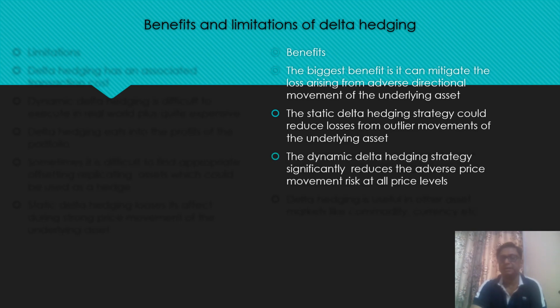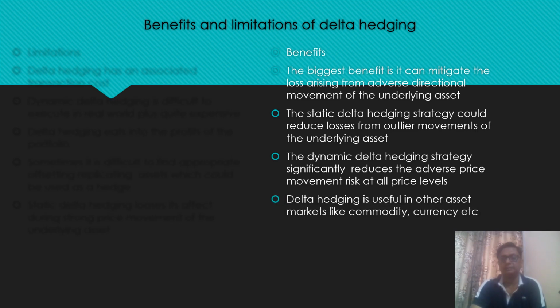The dynamic delta hedging strategy could significantly reduce the adverse price movement risk at all price levels. Delta hedging is useful not only in the financial securities market, but is highly useful in other asset markets like commodities, currencies, etc.